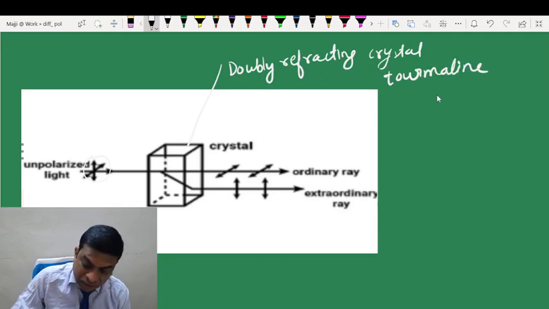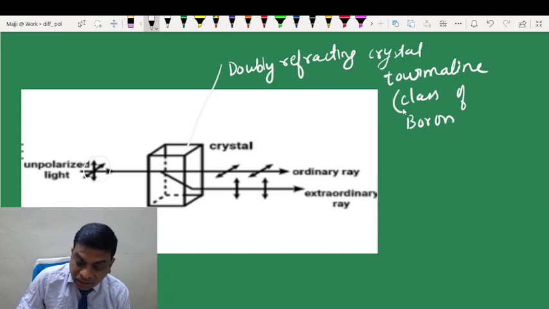It's a class of boron silicate. Tourmaline is a special kind of crystal which comes under the class of boron silicate.